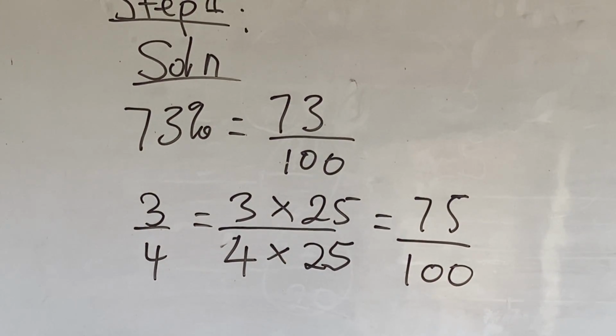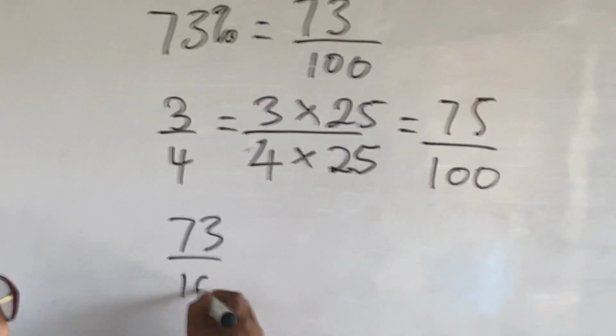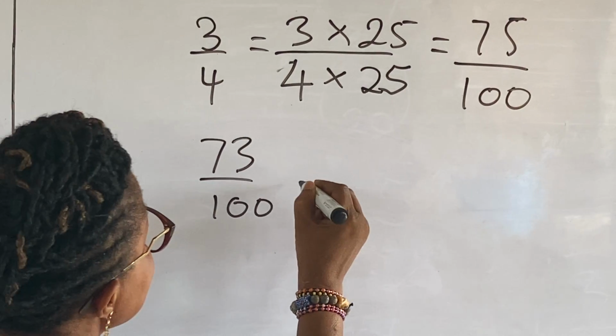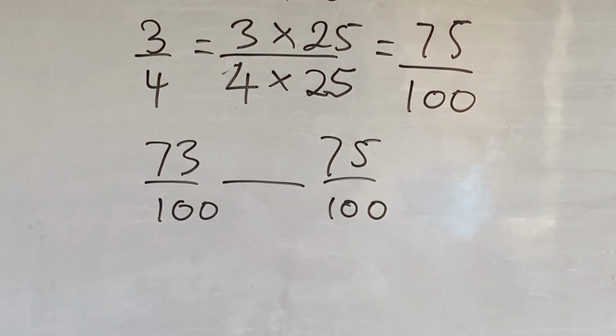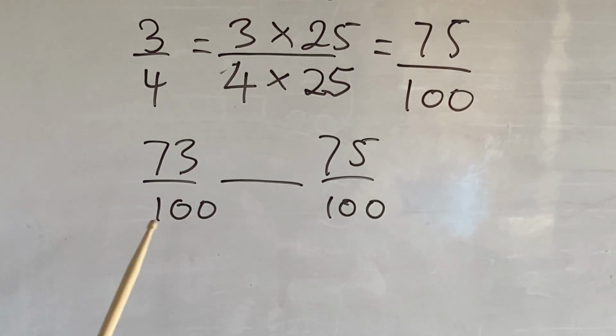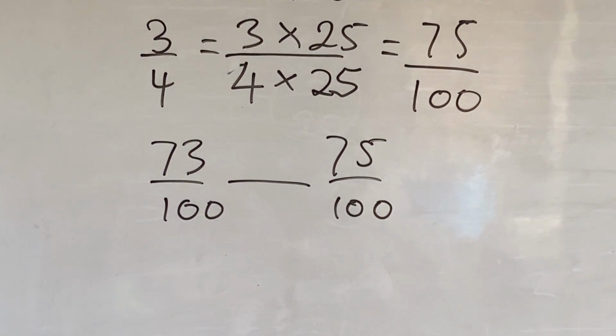Now, these two fractions, all of them have 100. So we can now compare 73 over 100 and 75 over 100. Since the denominators are now the same, we can compare the numerators. So 73 and 75, which one is bigger?